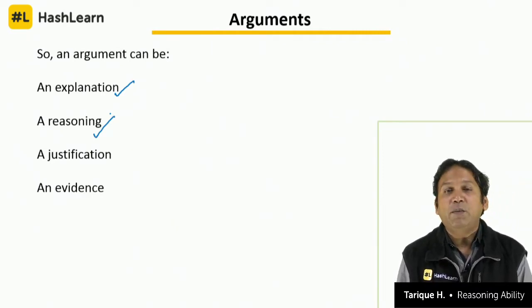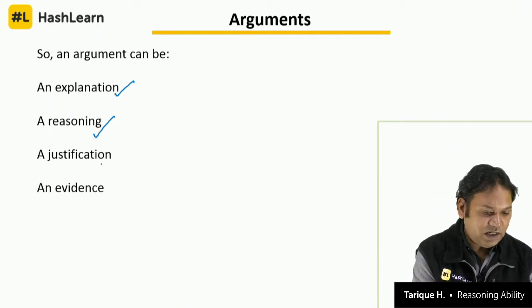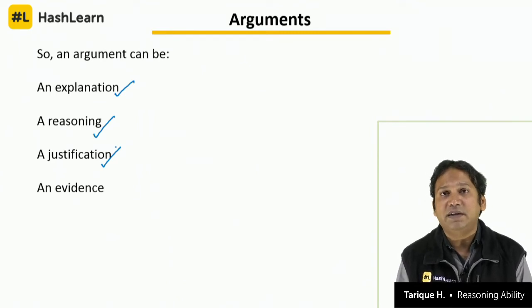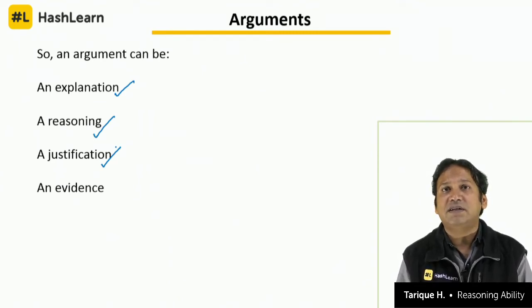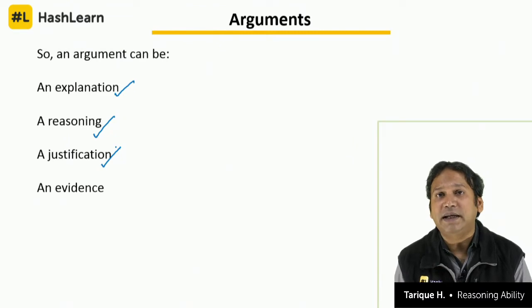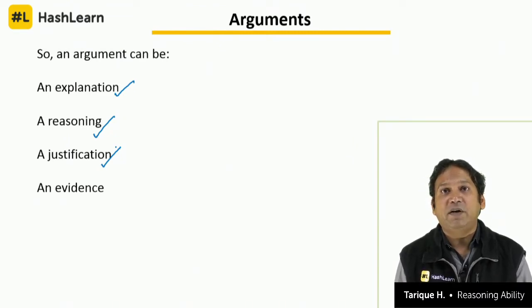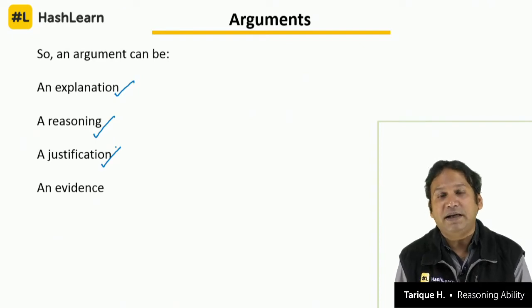It could be a justification. An argument could be a justification that, okay, petrol prices are higher, but inflation on other things is down. Right now inflation is around 3.5%. Inflation in India is calculated on the WPI, the wholesale price index, or the consumer price index.